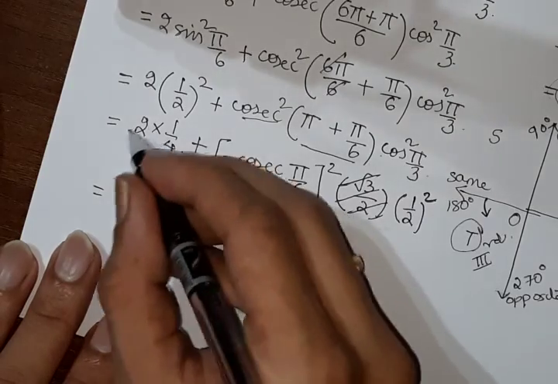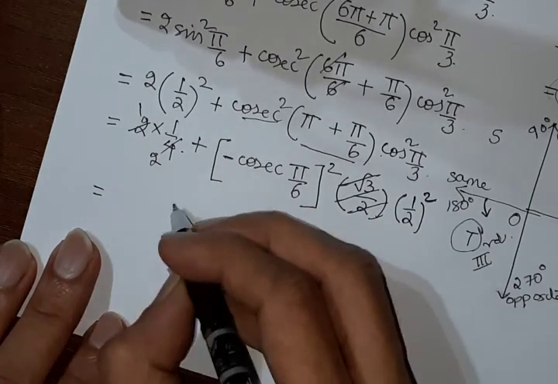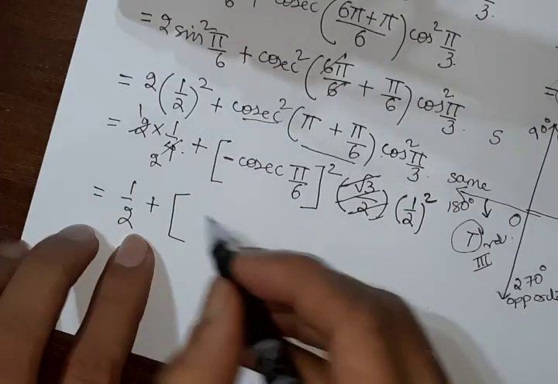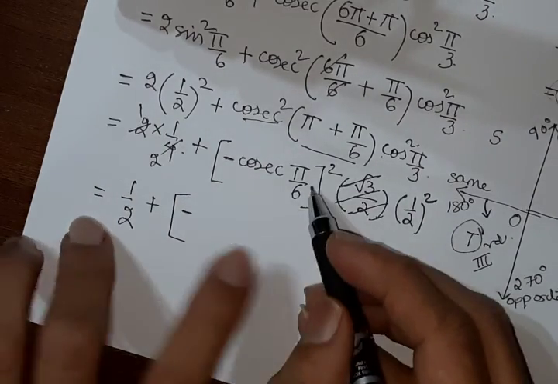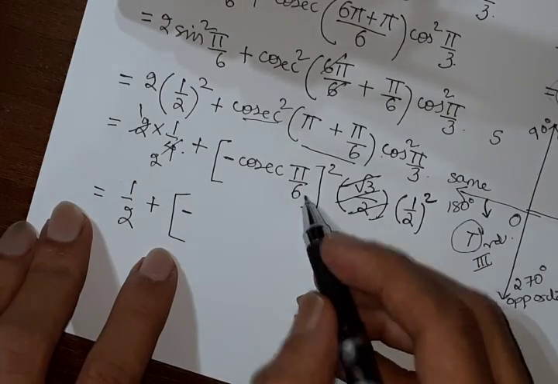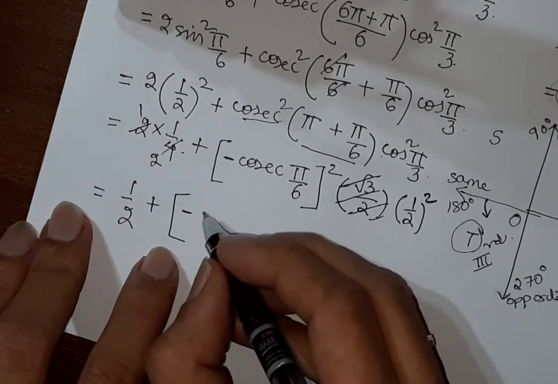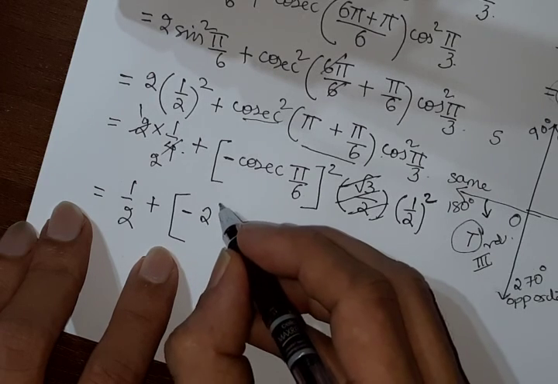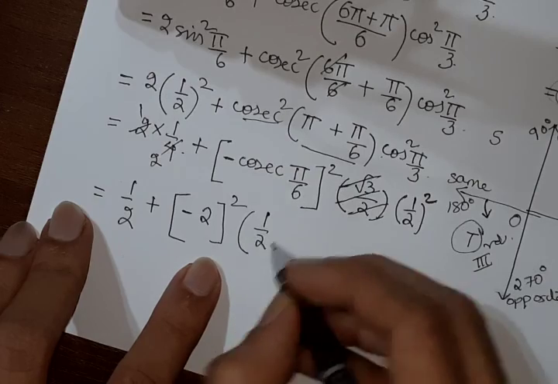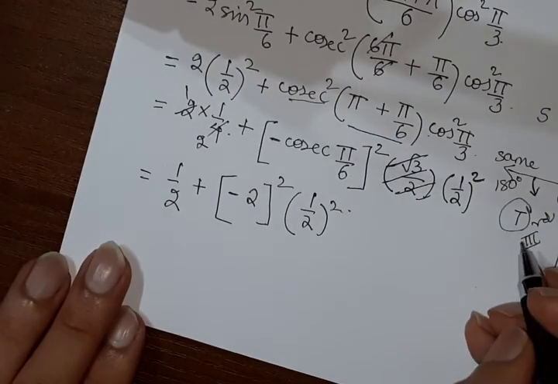Now let us see what we get. 2 1s are 2, 2 2s are 4, so half plus, now what you have here, minus cosec of pi by 6. So that is cosec of 30 degrees. What is cosec of 30 degrees? It is 2. So 2 square multiplied by half square.